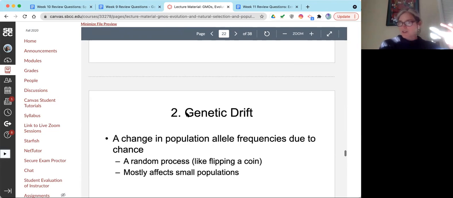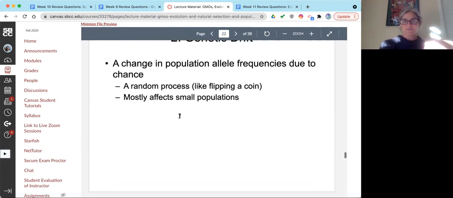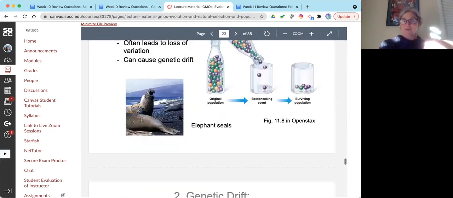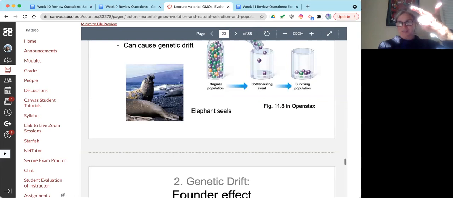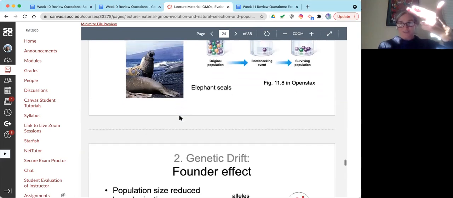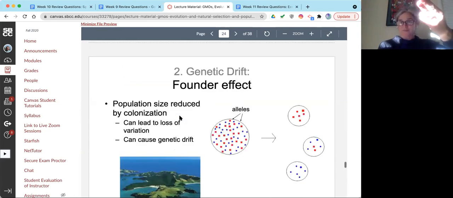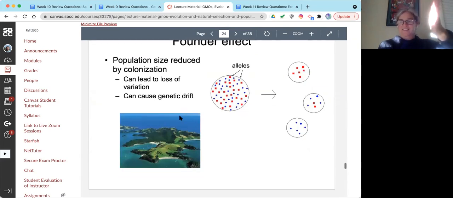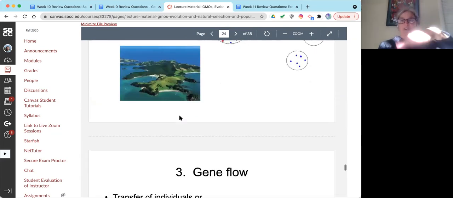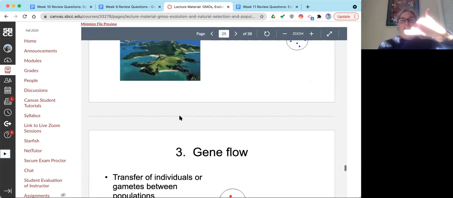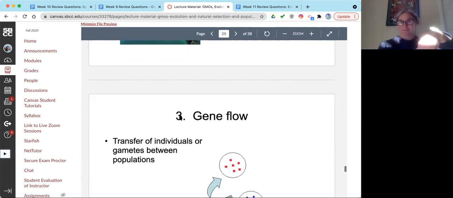And genetic drift, which is those changes in the gene pool due to randomness or chance. So we've got natural selection, sexual selection, genetic drift, gene flow, and mutations. And those can all lead to evolution in a population.